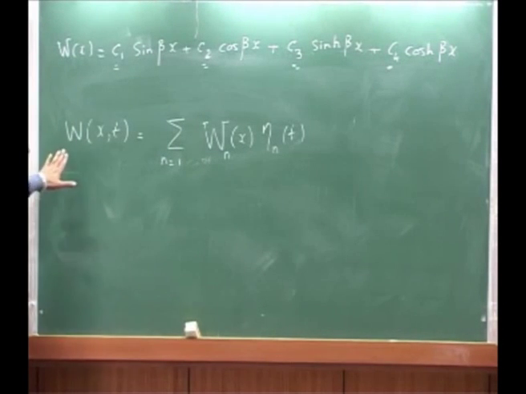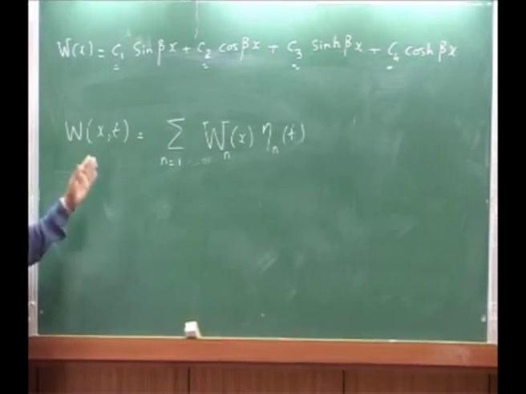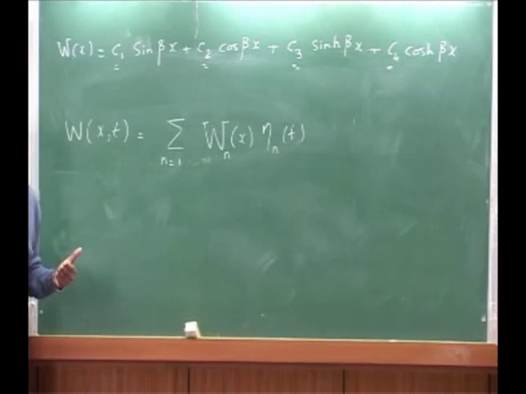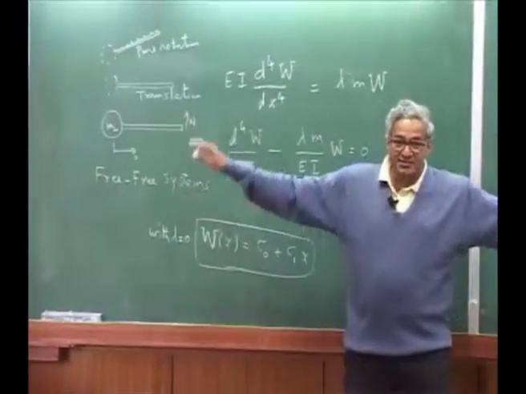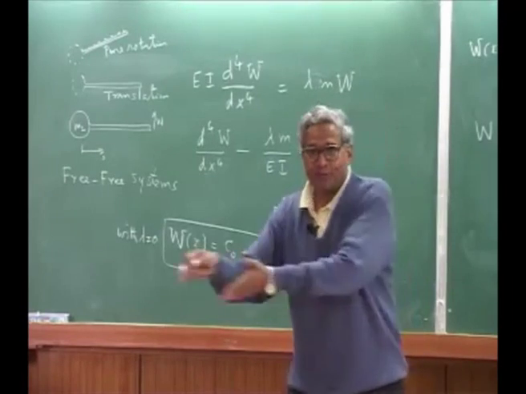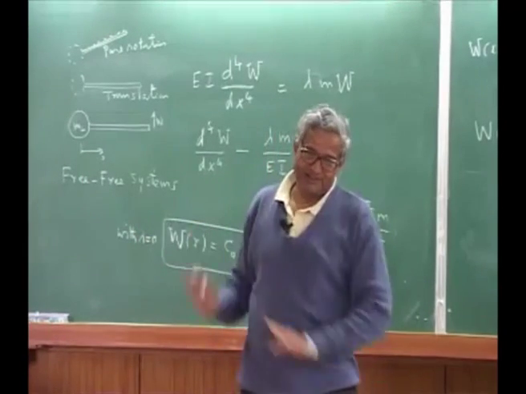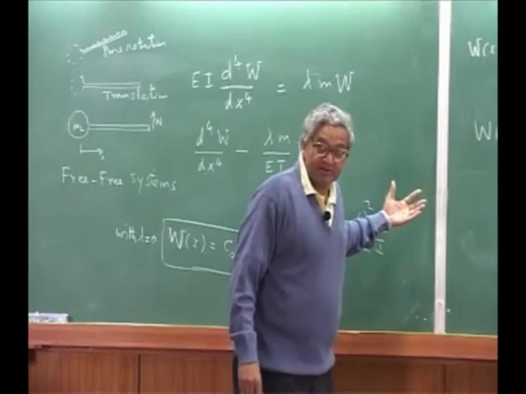This is called the expansion theorem. Basically, you are expanding your general displacement of the structure in terms of its mode shapes or eigenfunctions. But these are free vibration problem solutions.